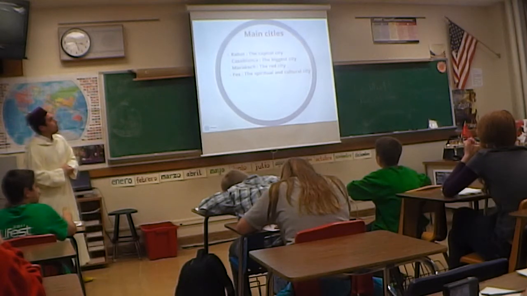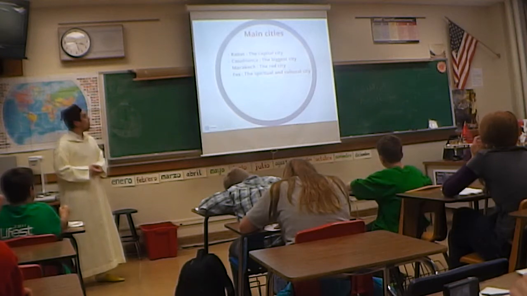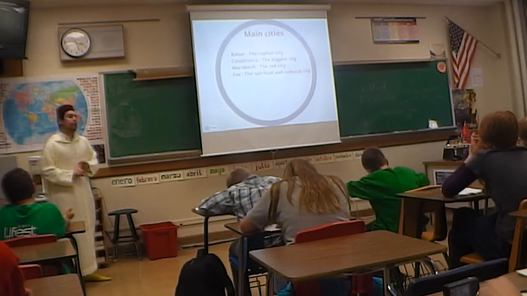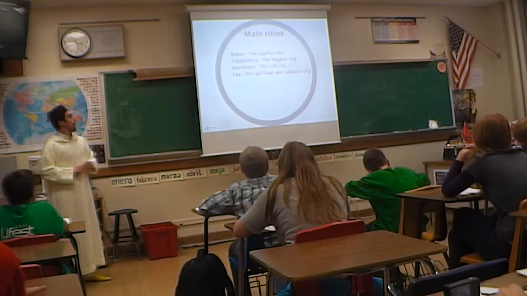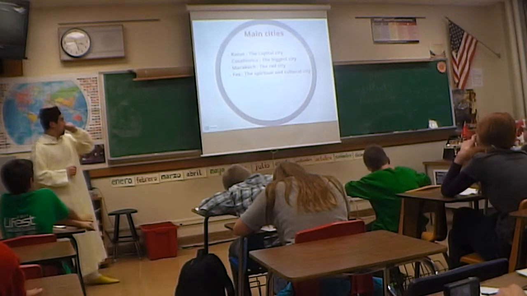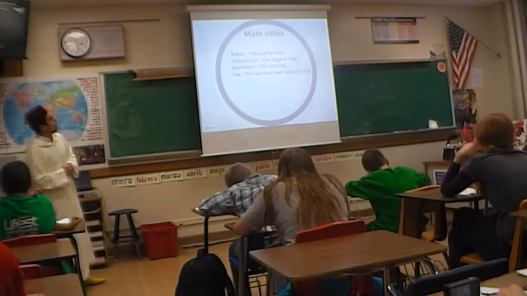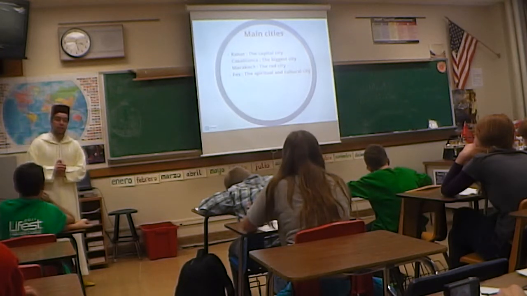So these are the main cities, the biggest cities in Morocco. We have Rabat, the capital city, and Casablanca is the biggest city. And another city called Marrakesh, they call it the Red City.